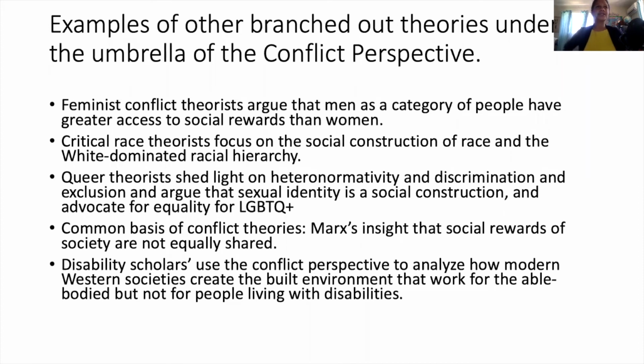disability theories. Feminists, stemming from the second wave of feminism, and we will talk more about feminism in another unit, still argue that men as a category of people have greater access to social rewards than women.